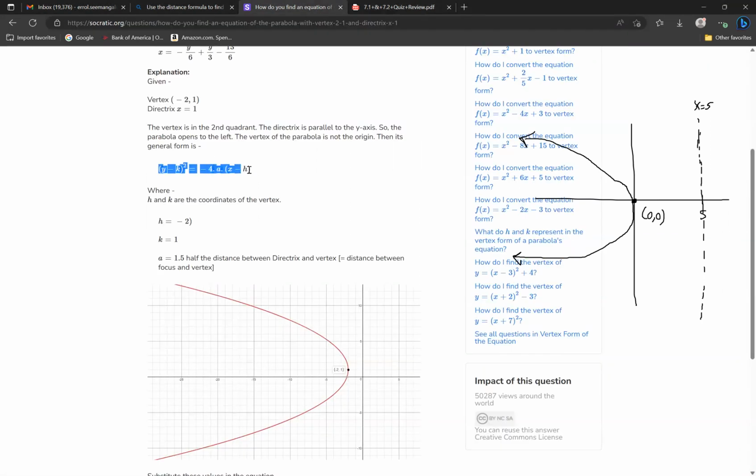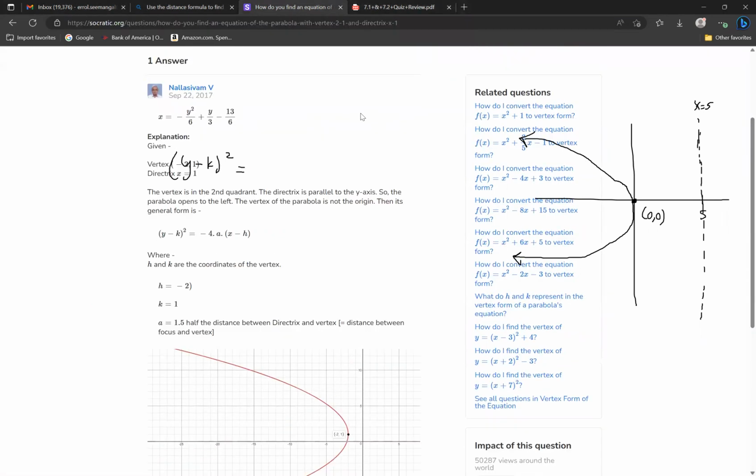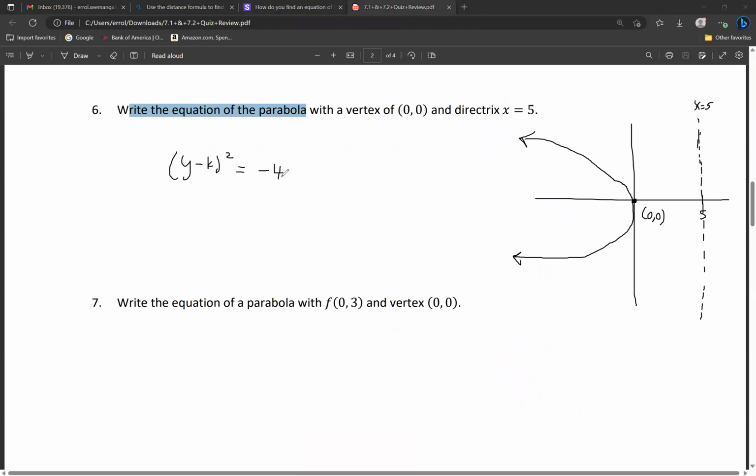Okay, here's the standard formula: y minus k squared equals negative 4a times x minus h, where h and k are the coordinates of the vertex. So we're going to plug that in. Let's write that down. Y minus k squared equals negative 4a times x minus h.